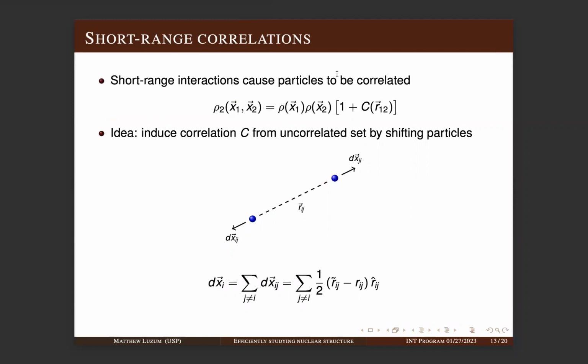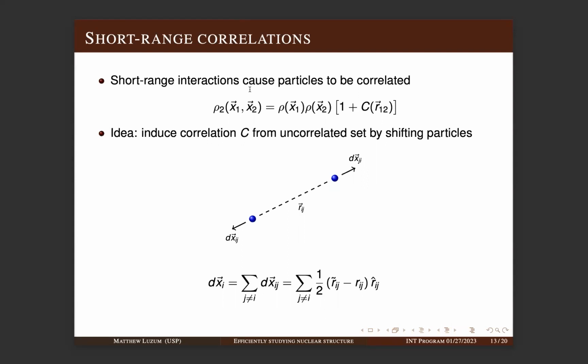Nucleons actually can be correlated, especially because of short range interactions or Pauli exclusion and things like that. So we define this correlation function like this, where this is the two nucleon probability distribution and this is the one body distribution that we were discussing before.